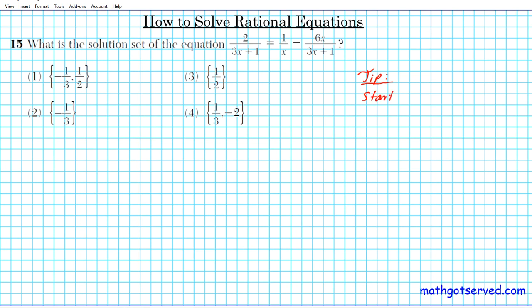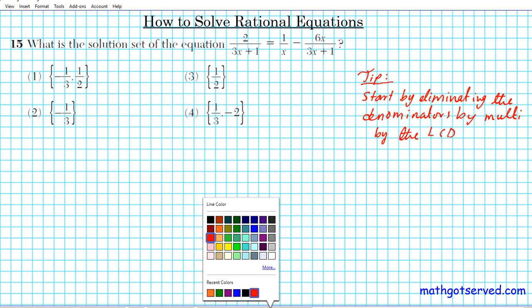Okay, start by eliminating the denominator or denominators, all of them. You want them all gone. Okay, denominators by multiplying by the LCD. That then simplifies the problem considerably.